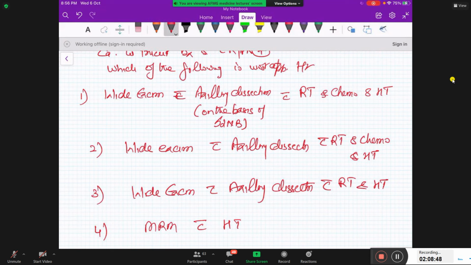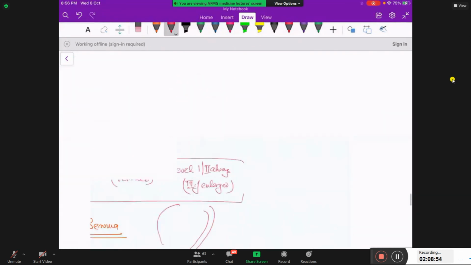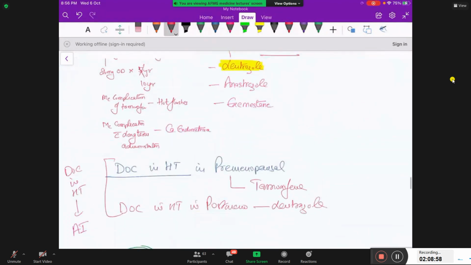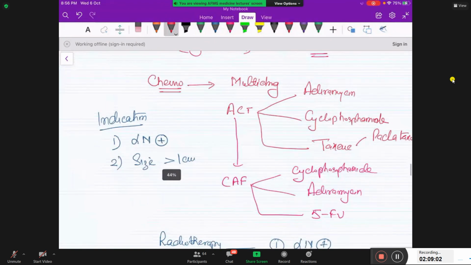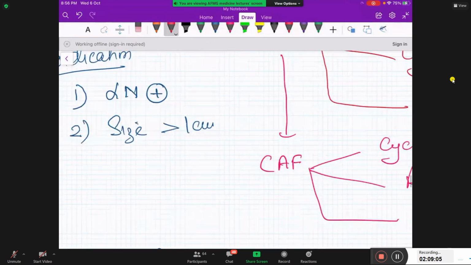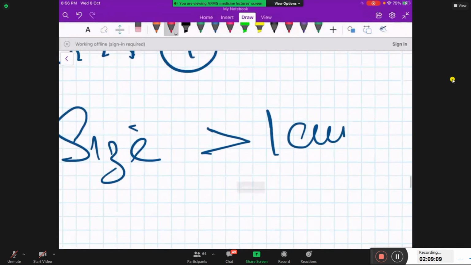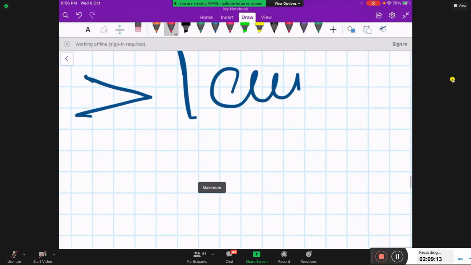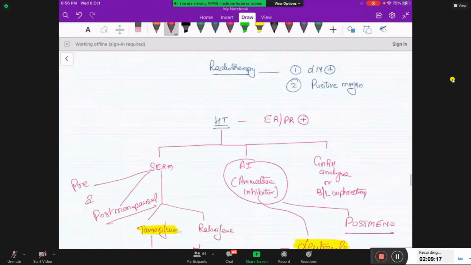What is the size of the lump? 4 centimeter. And what is the indication of chemotherapy? The size of the lump is 4 centimeter, which means more than 1, so chemo is on.